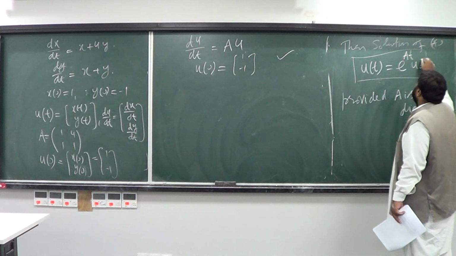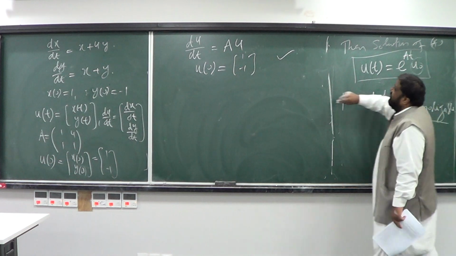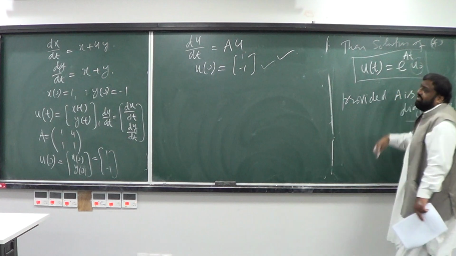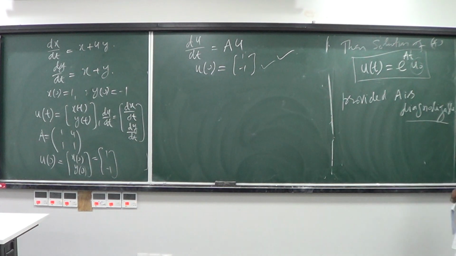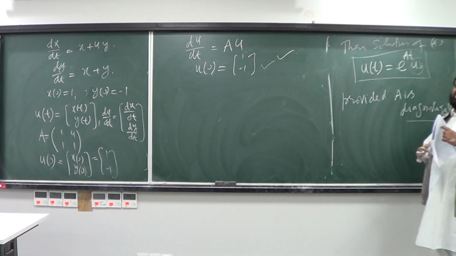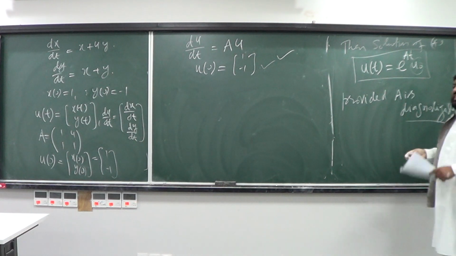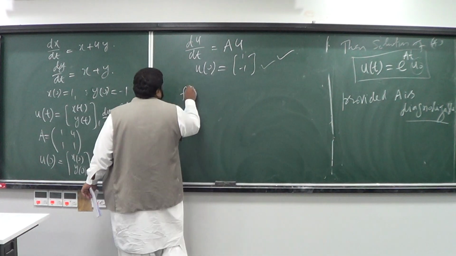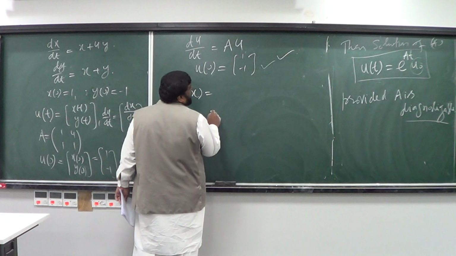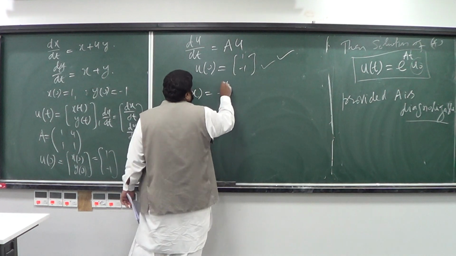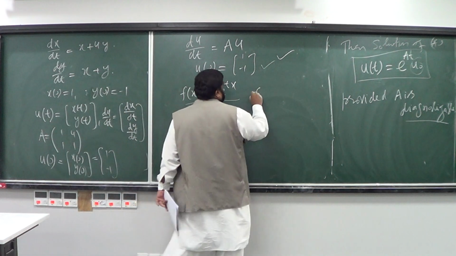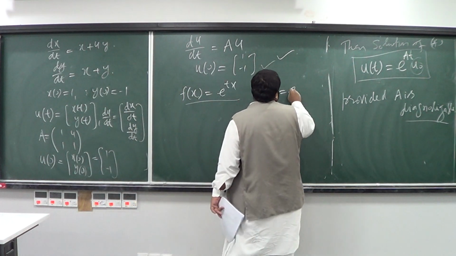For this system, I know already the solution. Take this u naught, which is this vector, and multiply it with the matrix e to the tA. So I need to now compute the matrix e to the At. My function is like e to the x, and I have to compute f of A, which is e to the tA.